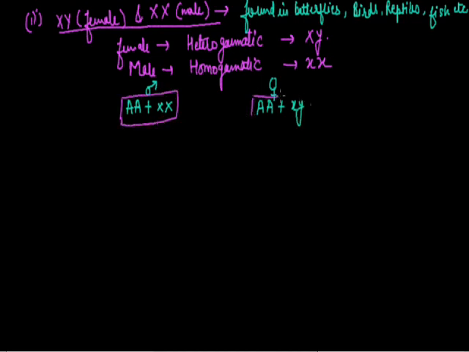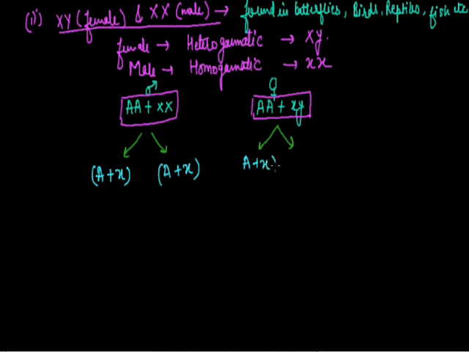Now here you can see the male can form the same kind of gametes, and the gametes will be A plus X and another will be A plus X. That's why it's called the homogametic condition, while it is different for the female, A plus X and A plus Y. In the next step, fertilization is done, that is also called fusion of gametes.